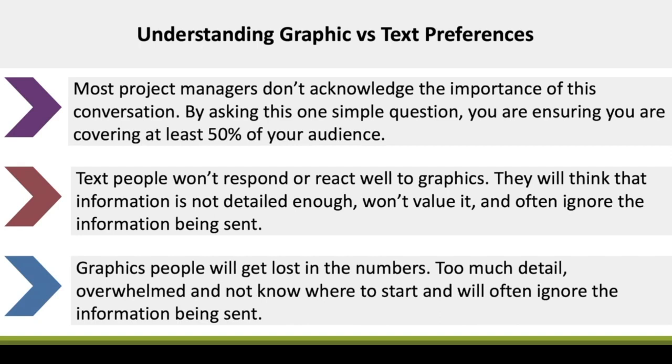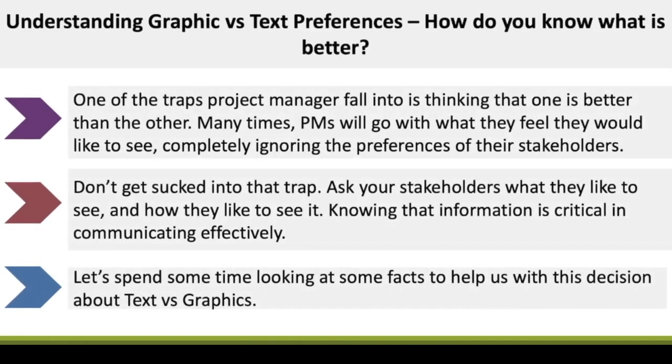There are graphics people and there are text people, and we've got to get better at this. Okay? One of the traps project managers fall into is thinking that one is better than the other. Often, project managers will think, hey, I'll create what I like to see and really ignore the preferences of their stakeholders.